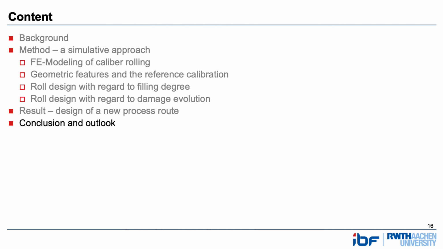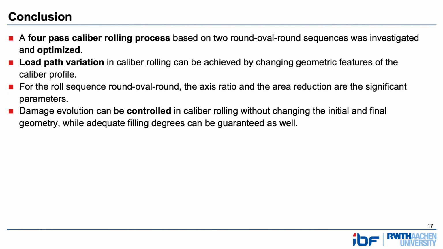Here comes the conclusion and outlook. In this study, we optimized a four-pass caliber rolling process, which has two round-over-round sequences, based on a study of the influence of geometric features of the caliber profile on the filling degree and the load path. The results showed that load path variation in caliber rolling can be achieved by changing geometric features of the caliber profile without causing filling problems.